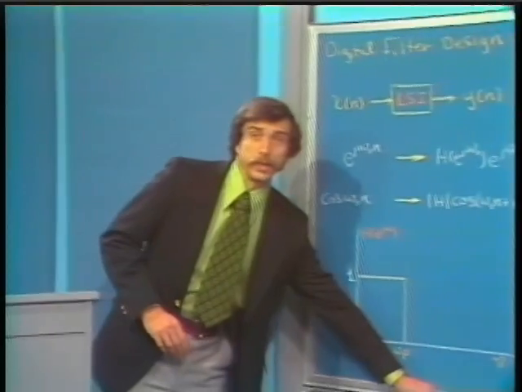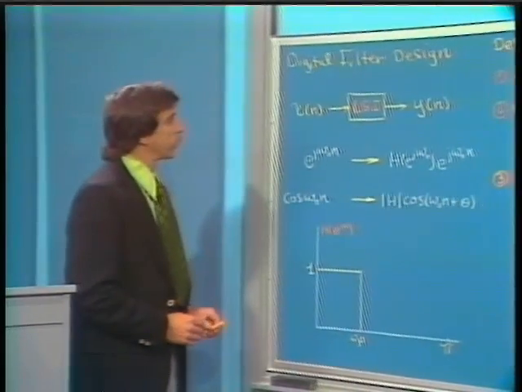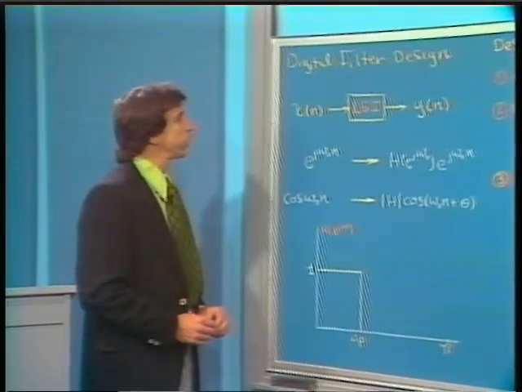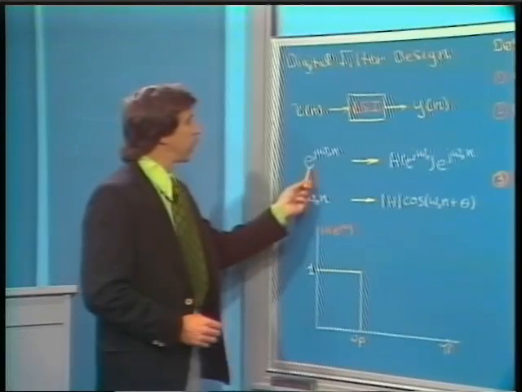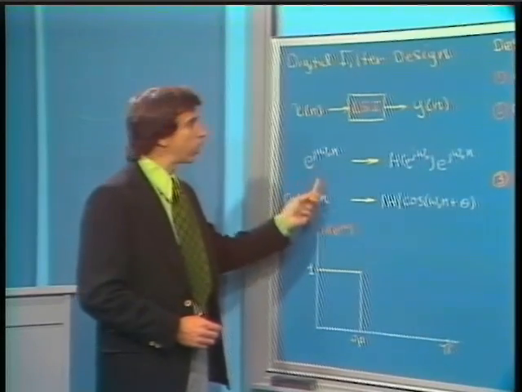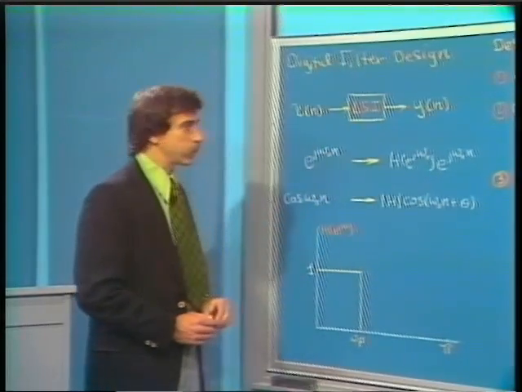Now, the rationale for digital filters is exactly the same as it is for analog filters. In particular, we have taken advantage several times of the important property of linear shift invariant systems that complex exponentials are eigenfunctions of this class of systems.